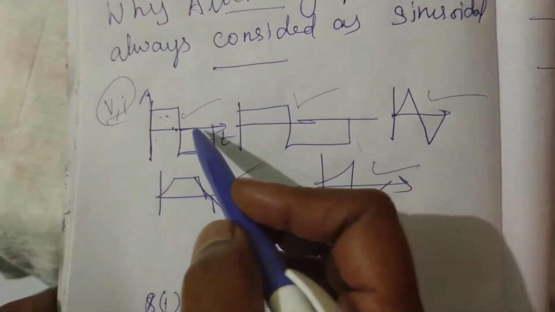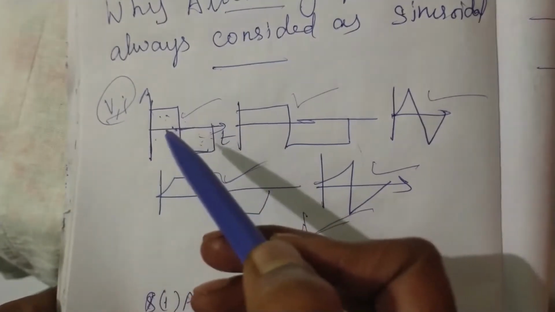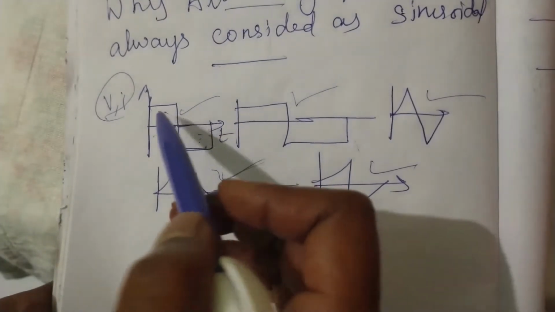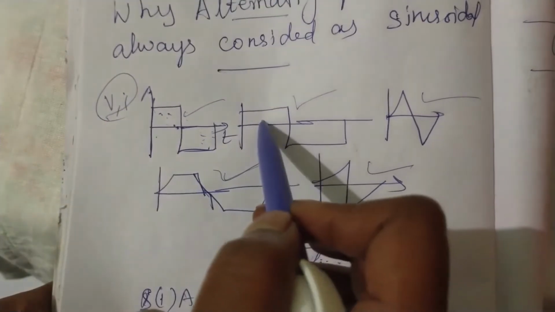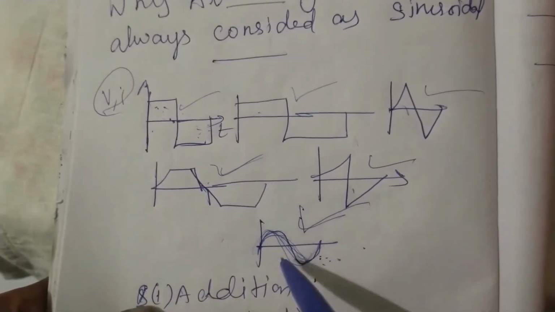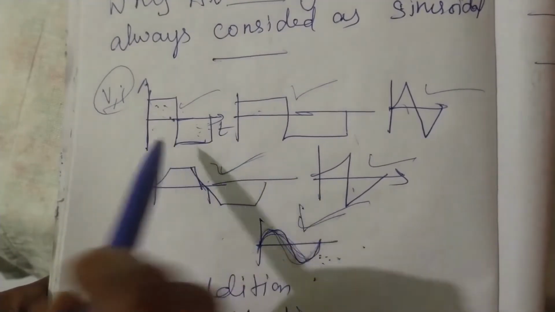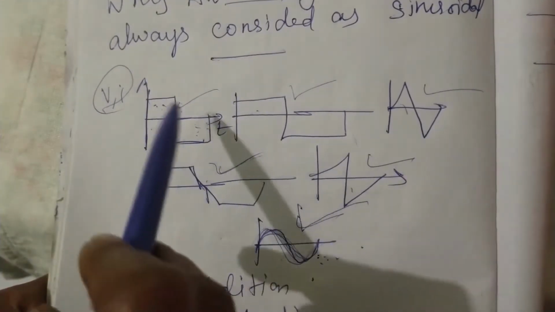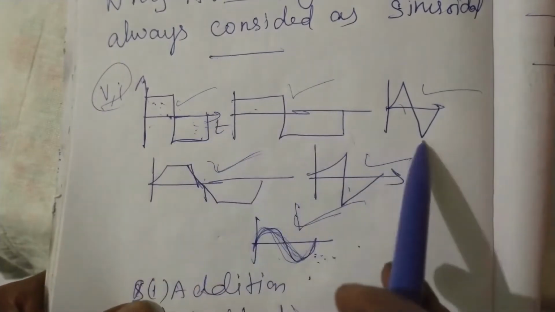So for an alternating electrical quantity, we may say square is also alternating, rectangular is also alternating, triangular, trapezoidal, sawtooth, sine wave, everything I'm showing here looks alternating.